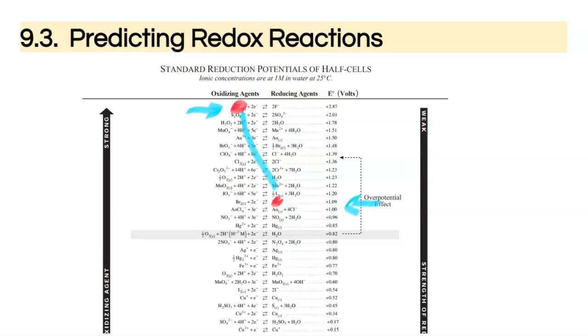However, if instead my oxidizing agent was copper 2 plus and my reducing agent was Fe2 plus, then that's a situation where I have my OA below my RA like that, and that would be non-spontaneous.